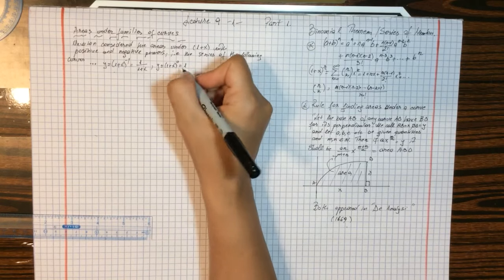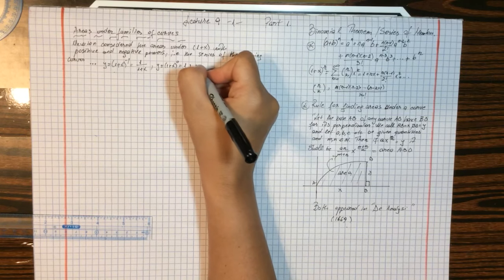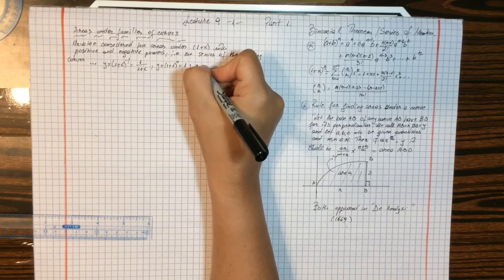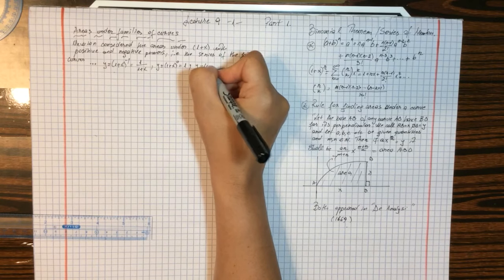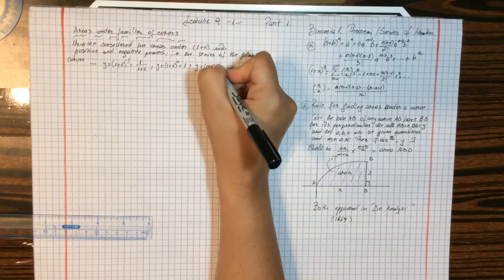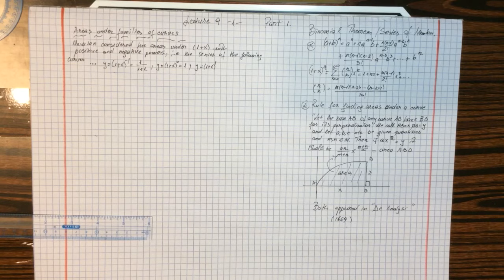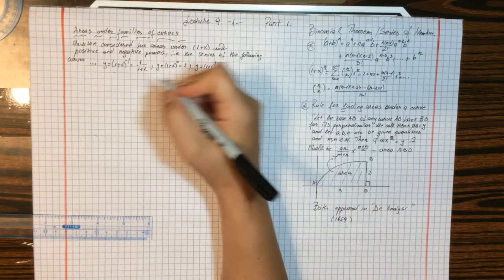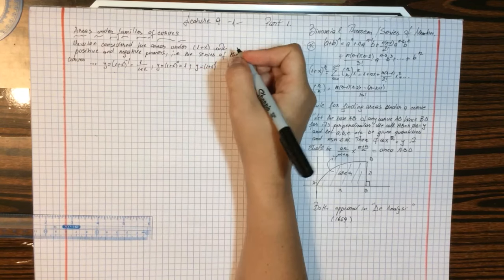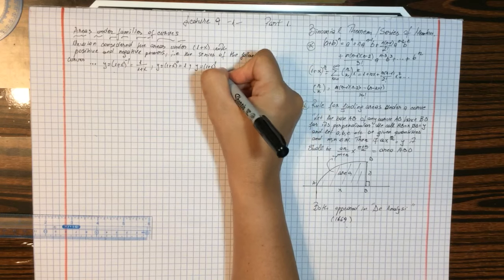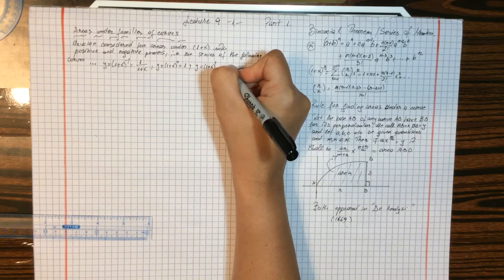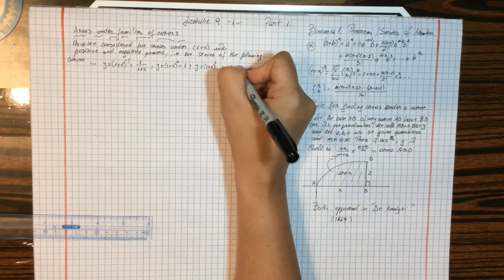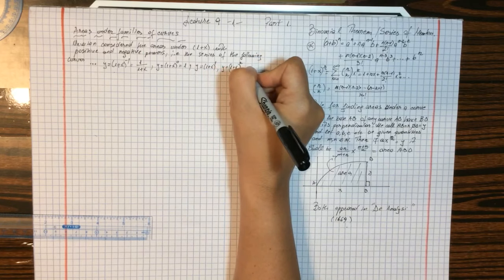It's a straight line. But the curve 1 plus x to the power 1 is just a straight line. I will draw the line in a bit.